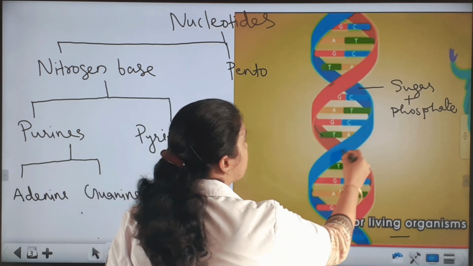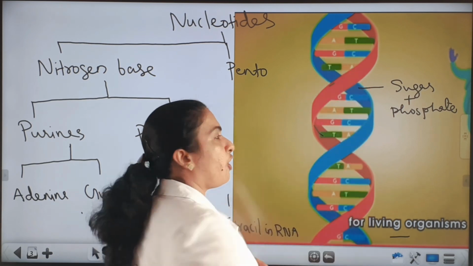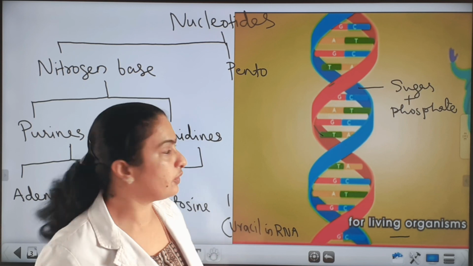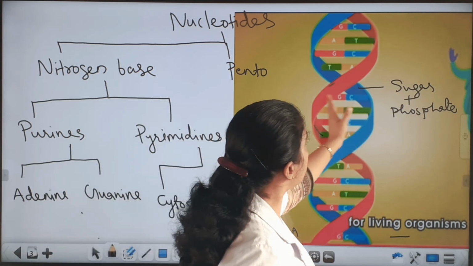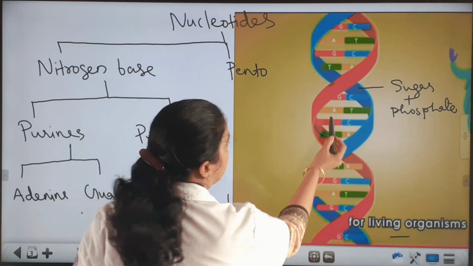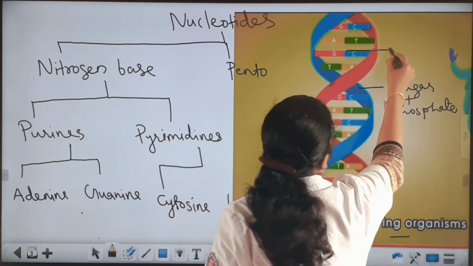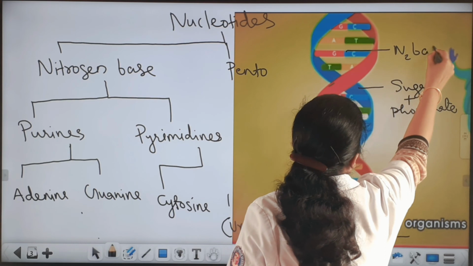And there is a projection from this polynucleotide, and this is called a nitrogen base. Here we can see the nitrogen base.